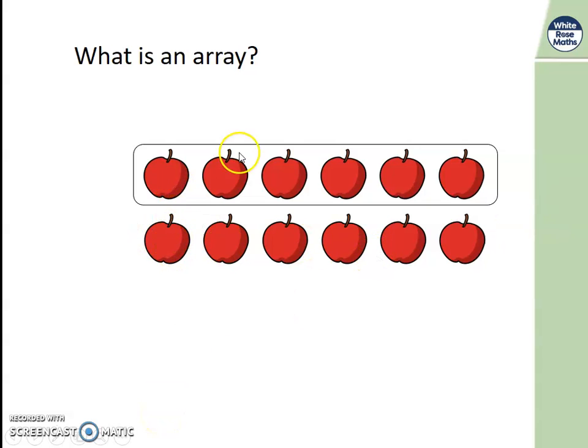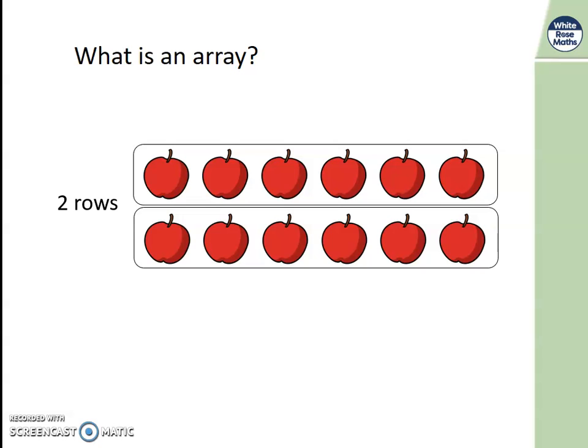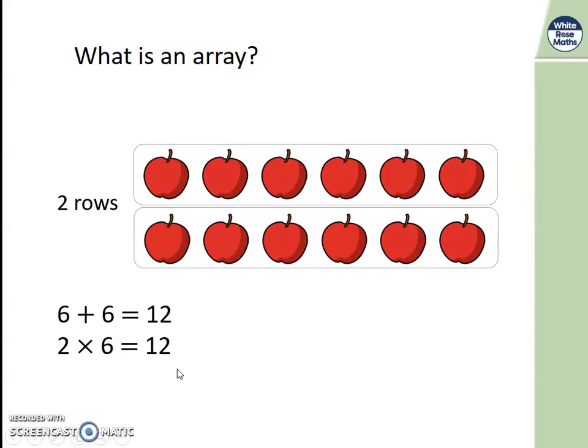Well, we can see that it's the same. So we've got 6 and another 6. So we can say there are 2 rows of 6. So we can say 6 add 6 equals 12, or 2 times 6 because there are 2 rows. Or you could say 6 times 2 because we know that that would equal the same.